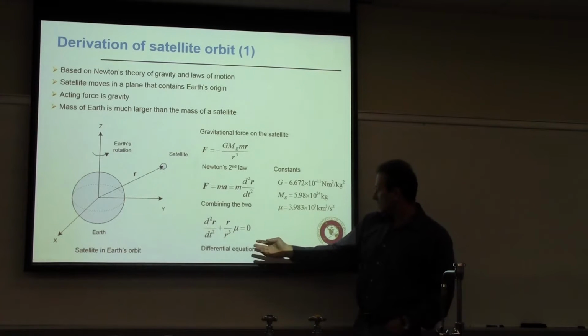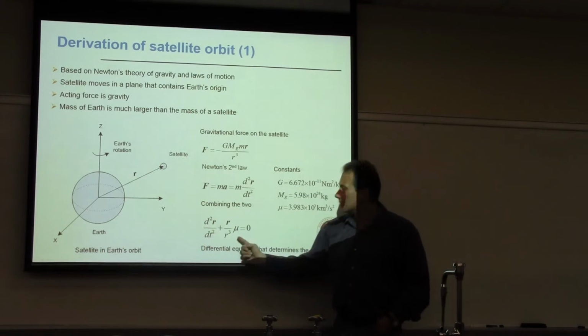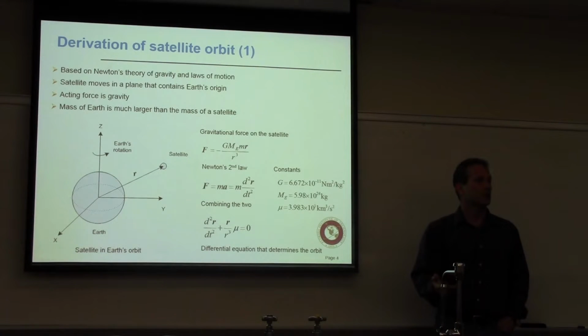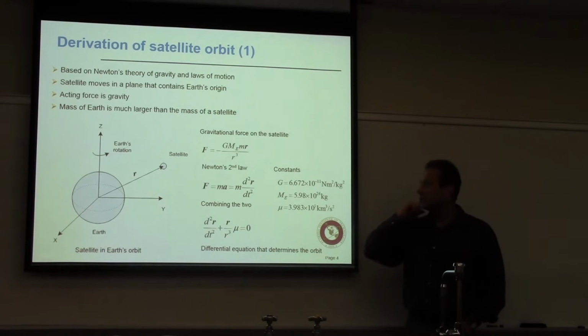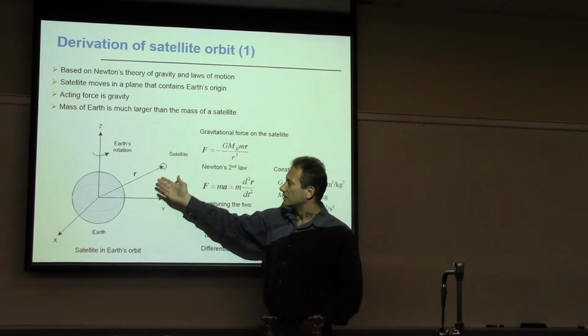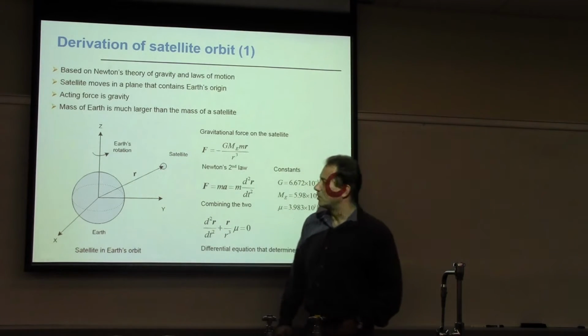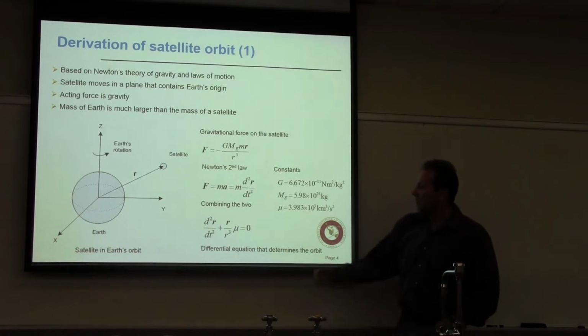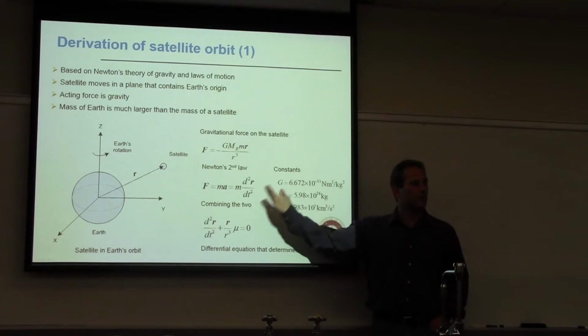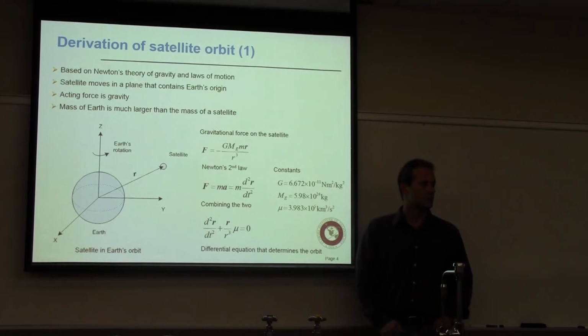So this is the differential equation that will give you as a solution all possible trajectories of the satellite, or any object in the gravitational field of the Earth, right? If something is flying around the Earth, and it's exposed to the gravitational field of the Earth, it has to follow this equation, right? And all the possible paths are going to be included as a solution to this equation.